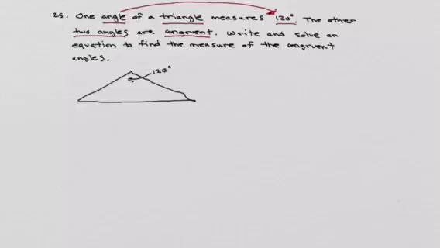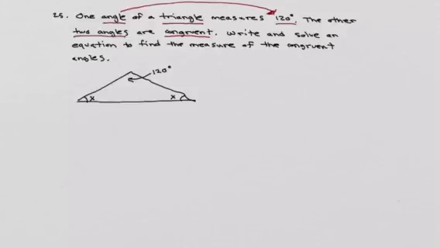The other two angles are congruent, so this angle right here and this angle right here, their measures are equal. I don't know what they are. So what do we do when we don't know what something is? Well, we call it x. So I'm going to call this measure x. And if that one's x, then this one's x.